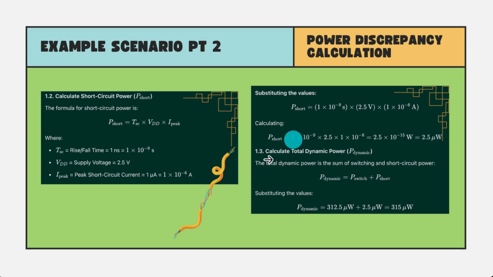Then after that, we calculate the total dynamic power, which as we reviewed earlier in our lesson, we just need to add the P switch and the P short circuit to get the P dynamic. So we just need to add 312.5 microwatts plus 2.5 microwatts, resulting in 315 microwatts dynamic power.